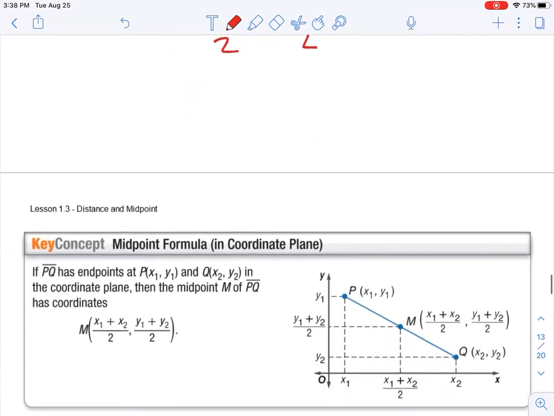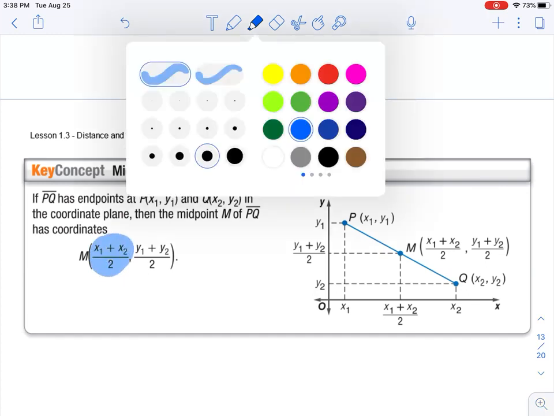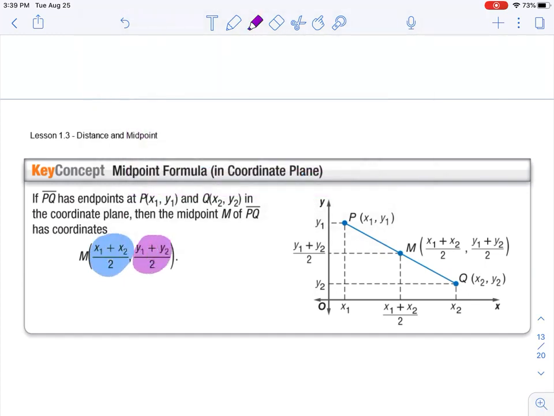Okay? Now if we do it in a coordinate plane, we just do that twice. We find the averages of our x values. We find the averages of our y values, and we label our point, in this case M, with the letter in front.